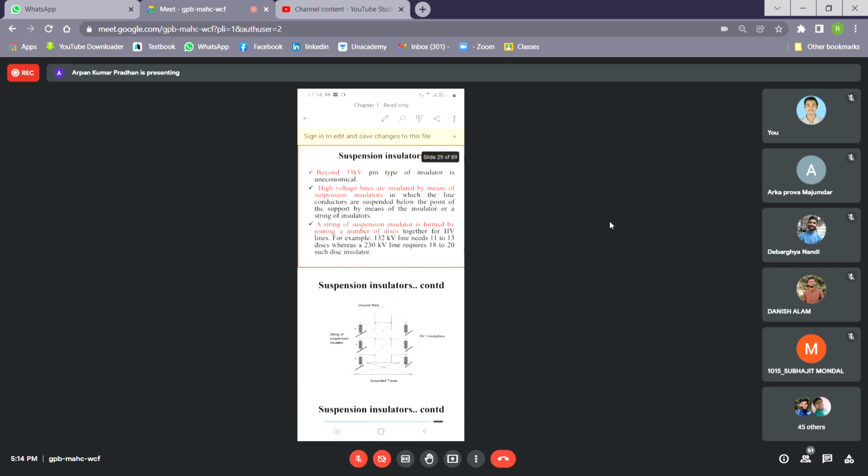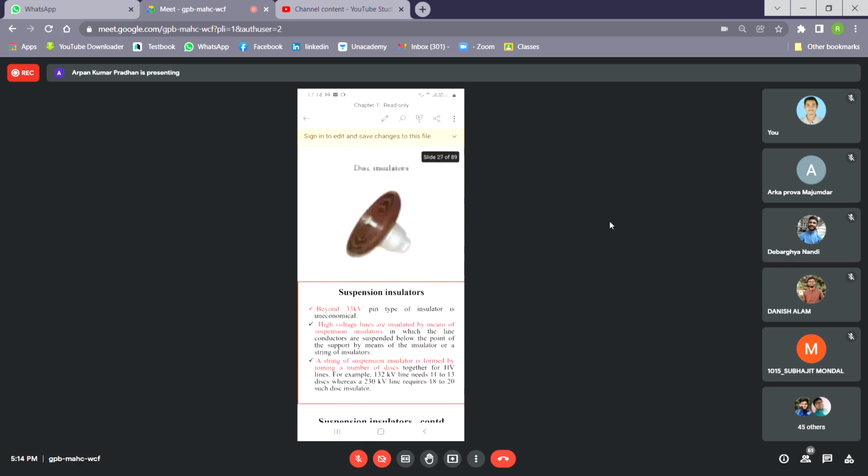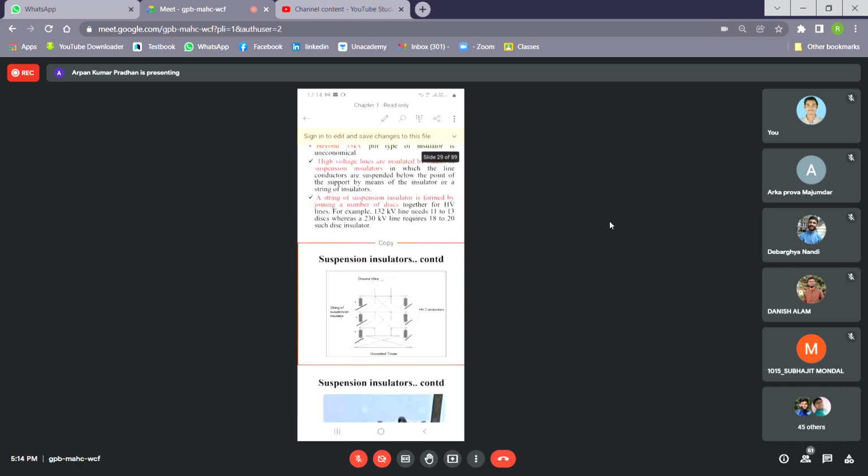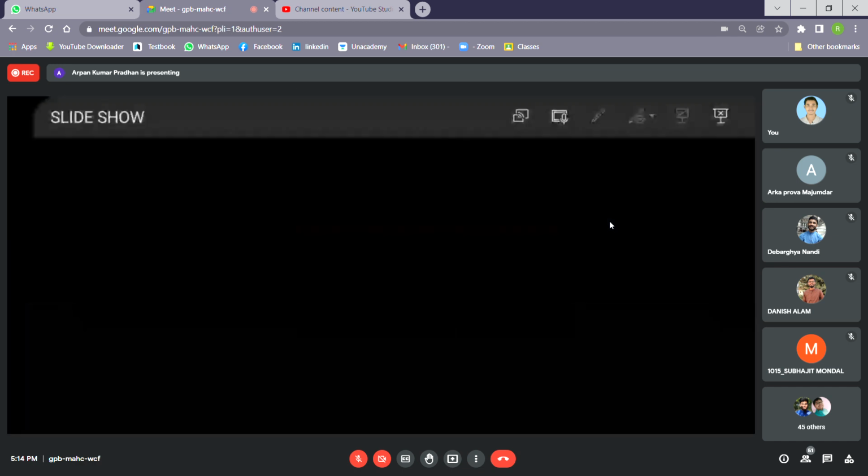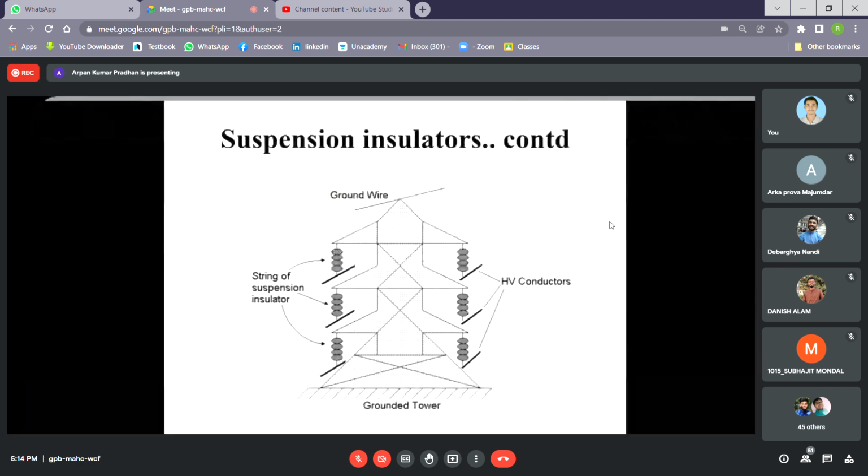Now coming to the typical schematic of the suspension insulator. This is the suspension insulator, a number of insulators connected in series. This is the tower structure, a typical grounded tower, and these are the suspension insulators.